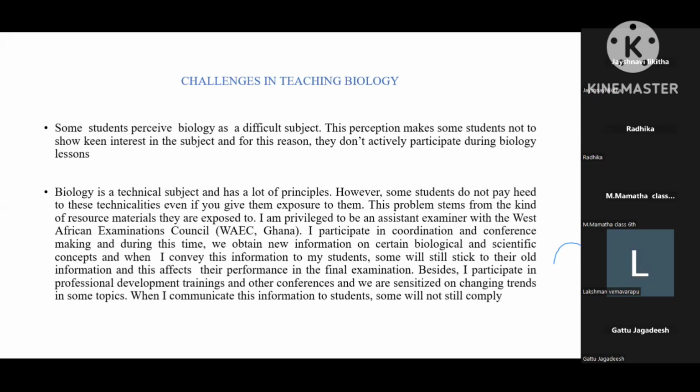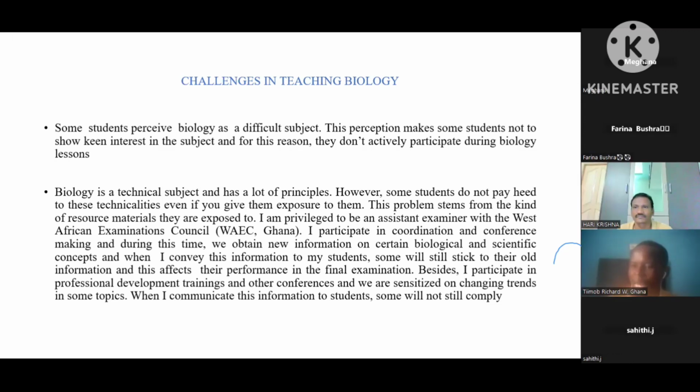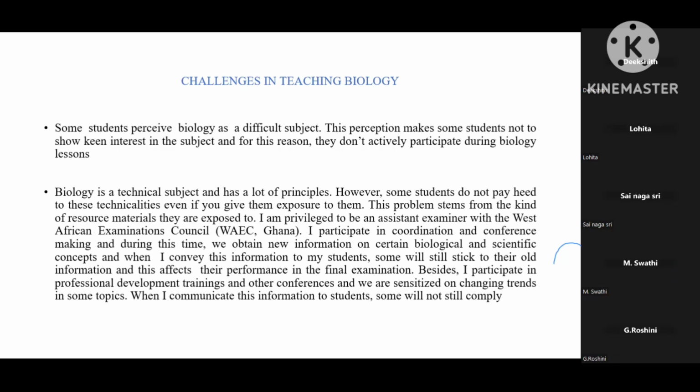So when I do this, I make my students really have a picture of the subject as something that is easy for them to learn. And I don't just say it, I practice it myself, because during the course of my teaching, I do a lot of real life relations to the biological concepts.